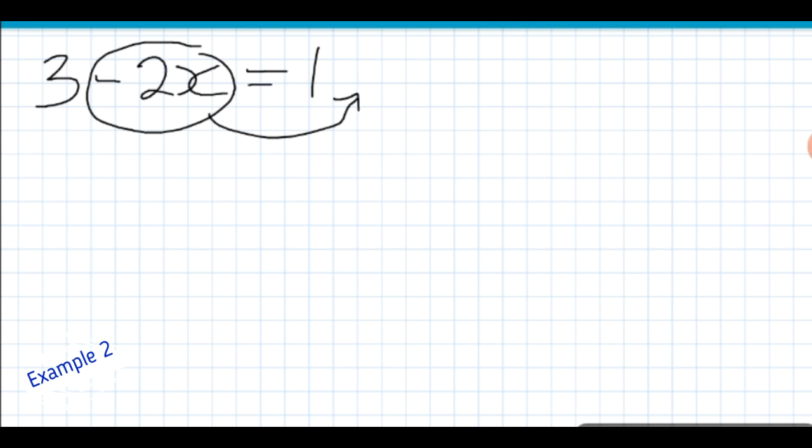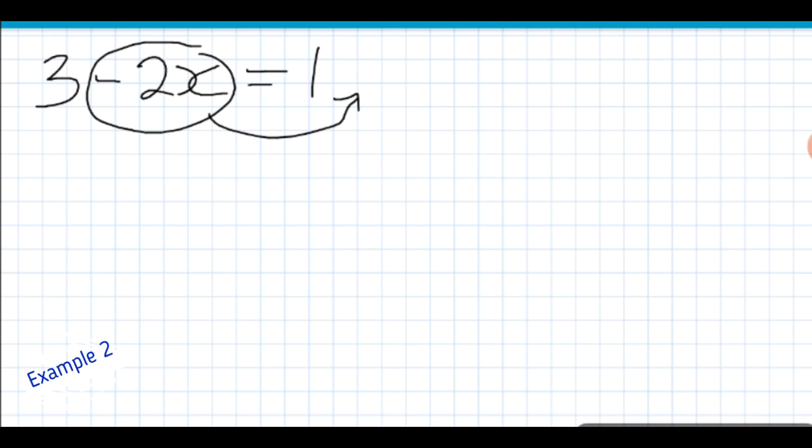When you take it over onto the other side of the equal sign, it becomes plus 2x. As soon as you cross the equals sign, it changes to the opposite operation. So if here it's minus 2x, it becomes a positive operation, plus 2x, on the other side.